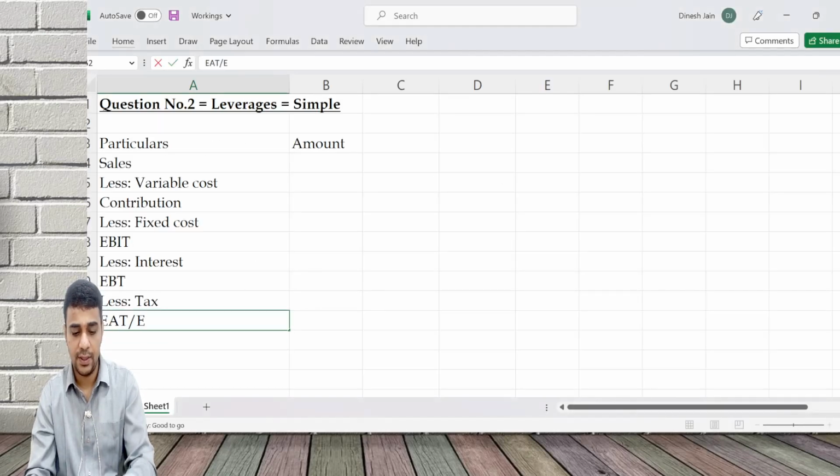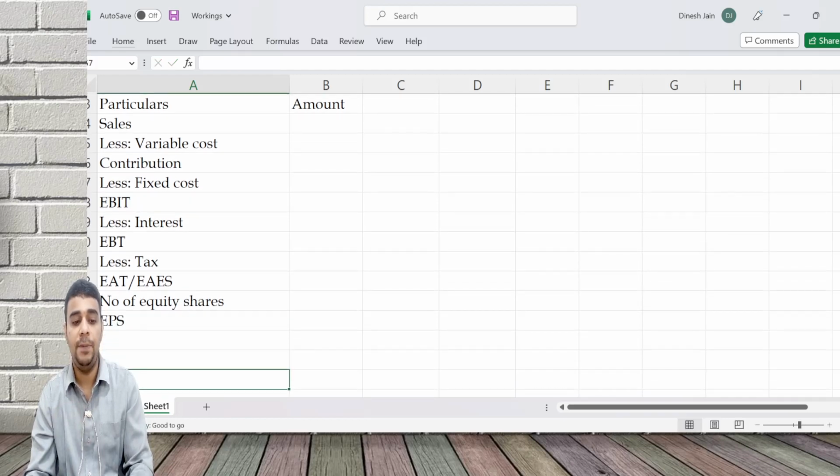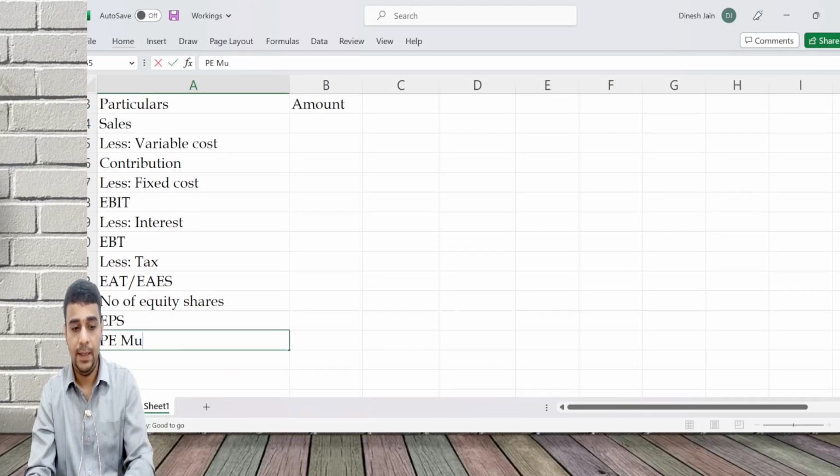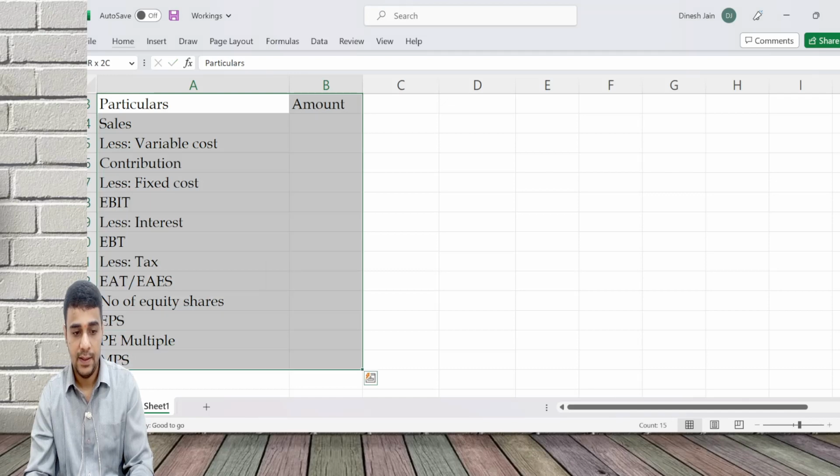Preference dividend is not there, so EAT is EAES. Number of equity shares, this was one of the requirements which will come out in the format. EPS, P multiple, MPS. Somewhere in the format you will get the number of equity shares also.